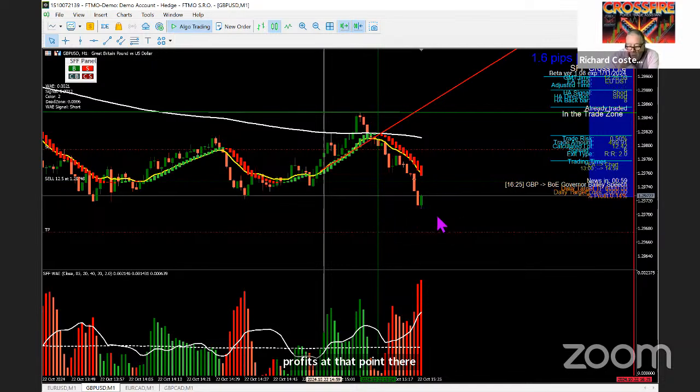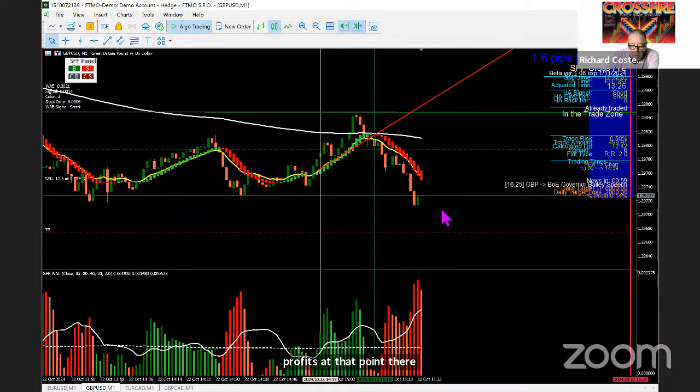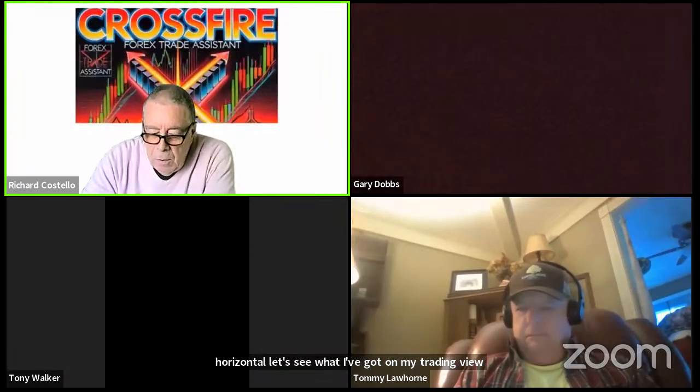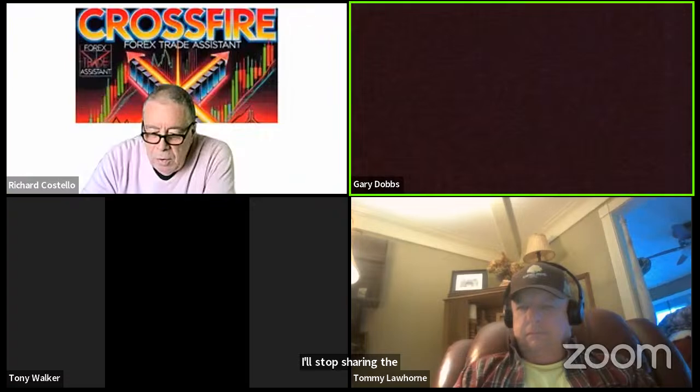I need to go back to my TradingView and just compare these trend lines. So remember, this is round about 45 degrees. That one is completely horizontal. Let's see what I've got on my TradingView. So stop sharing this, go onto my TradingView.